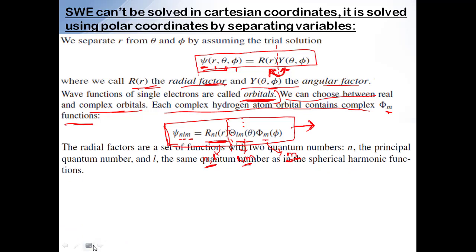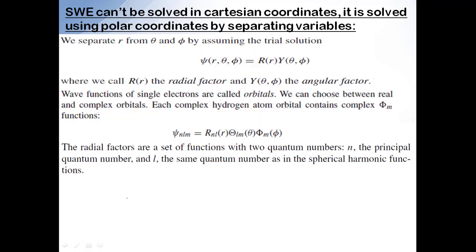Now, as you know, n is the principal quantum number, l is the azimuthal quantum number, and m is the magnetic quantum number. These solutions of the Schrodinger wave equation give an idea about the quantum numbers.